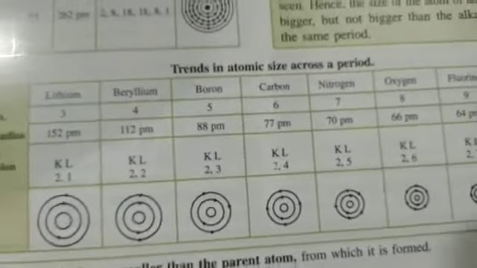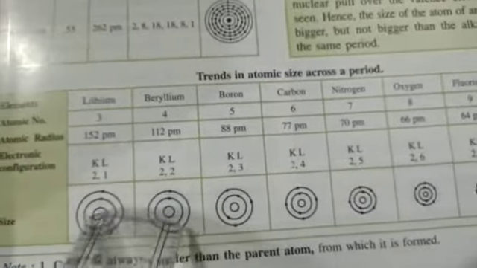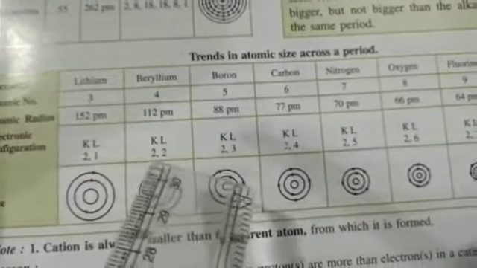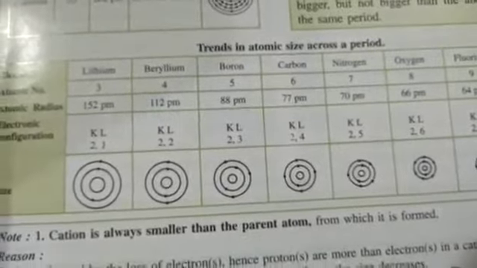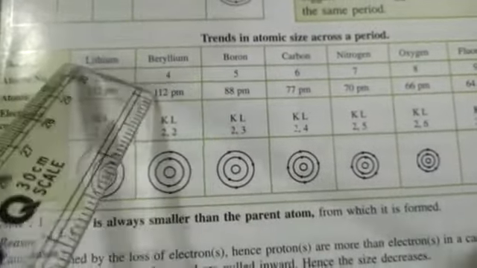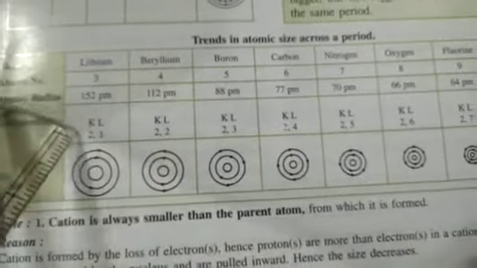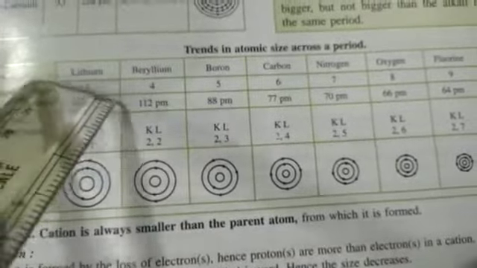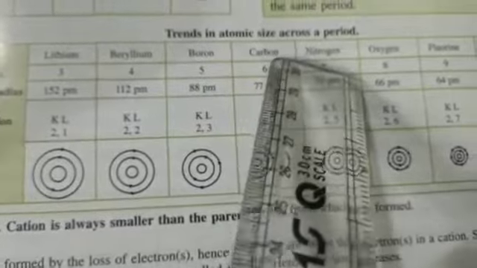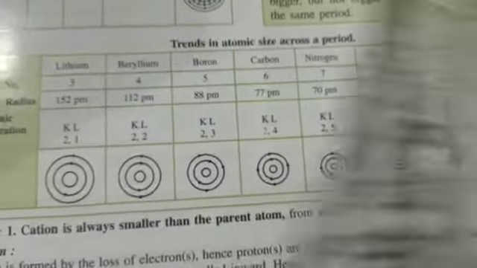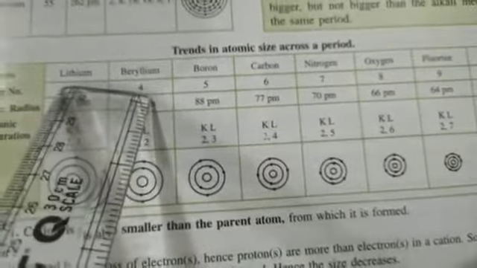But what about elements put in the same period? On what criteria do we put elements in the same period? Let's take for example period number 2. The elements present in period number 2 are beryllium, boron, carbon, nitrogen, oxygen, fluorine, and of course lithium was the first element.